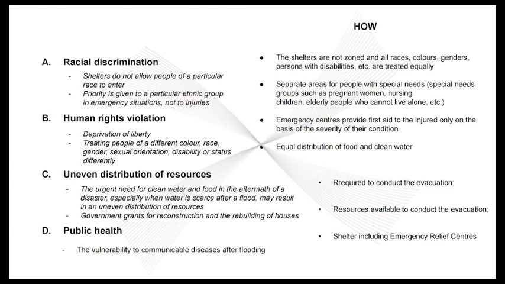But we will provide a separate area for people with special needs, such as pregnant women, nursing children, or elderly people who can't live alone. The emergency center provides first aid to the injured only on the basis of the severity of their conditions.